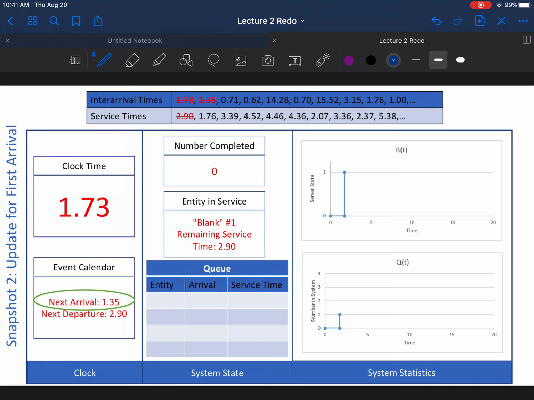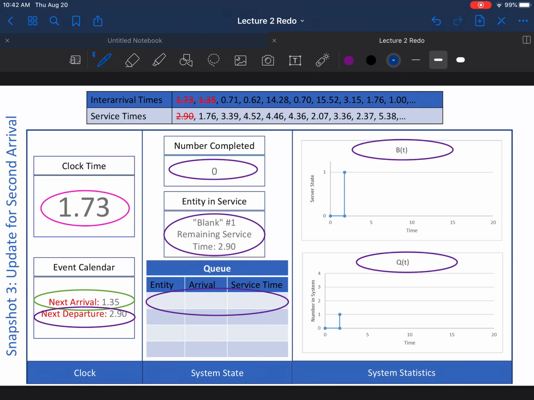For snapshot 3, right, we're on 3 now, we have to update all these fields again, everything that's circled. First, we'll start with the clock time. The clock time of 1.73, well, that was for snapshot 2. Now the next discrete event occurs because of an arrival 1.35 time units later. So we just add 1.35 to 1.73, and we get 3.08 for snapshot 3.